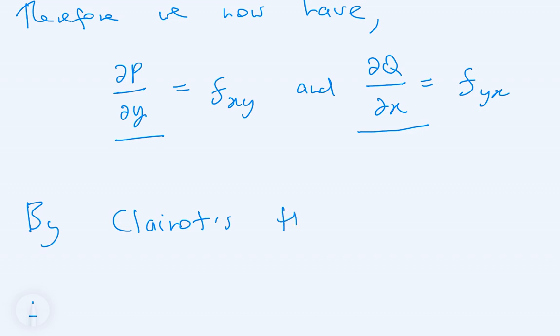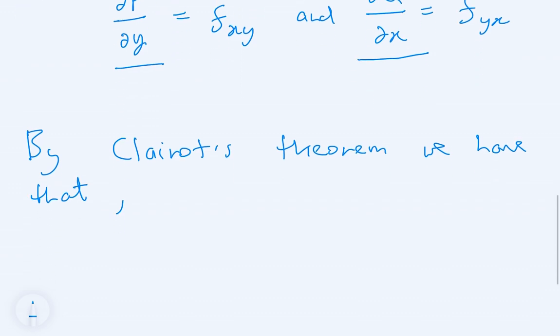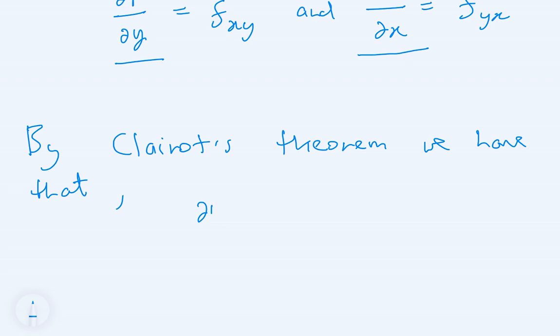Therefore, by Clairaut's theorem, we have that the partial of P with respect to y is equal to the partial of Q with respect to x.